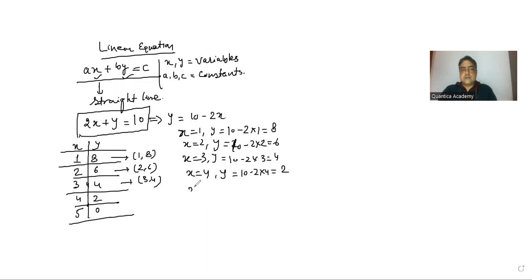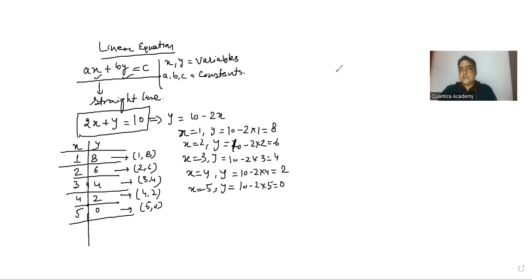You can check it from here also: put x equal to 5, then y will be 10 minus 2 into 5, that is 0. There are some more values also, but for the sake of simplicity, we'll take these 5 points only: (4, 2), (5, 0).